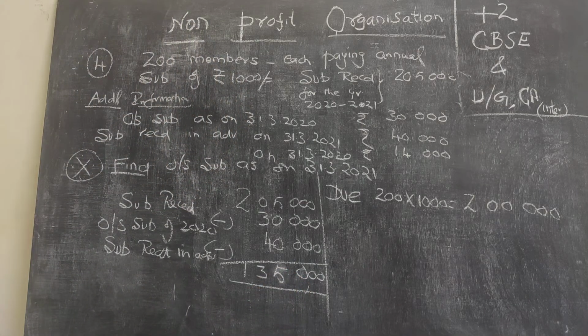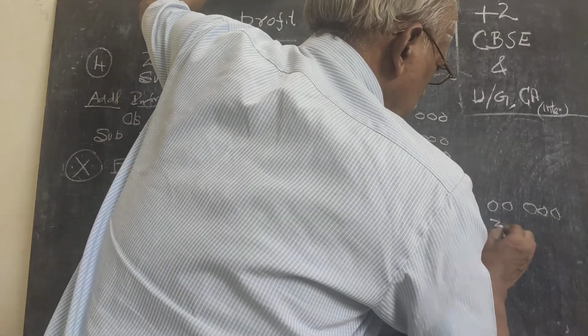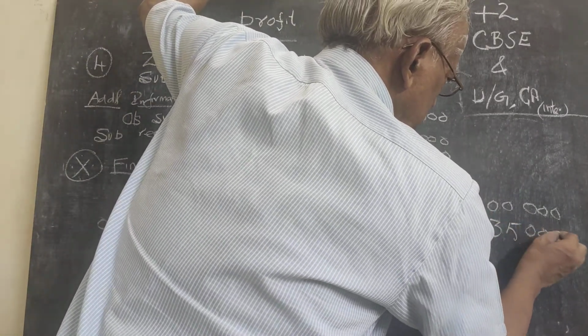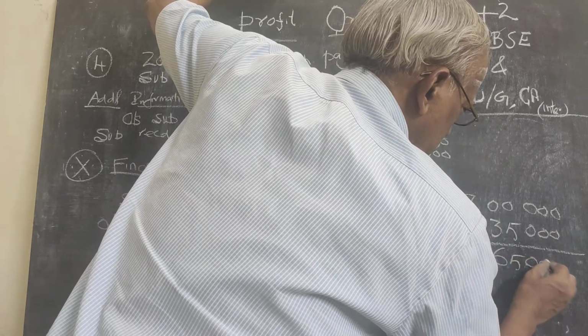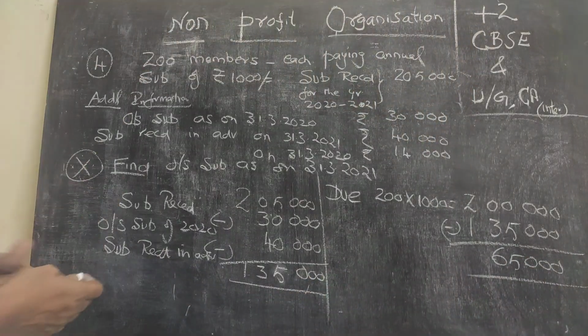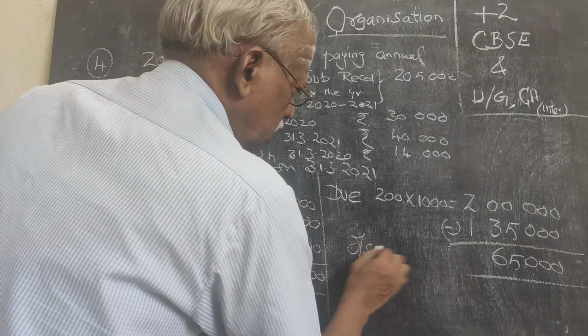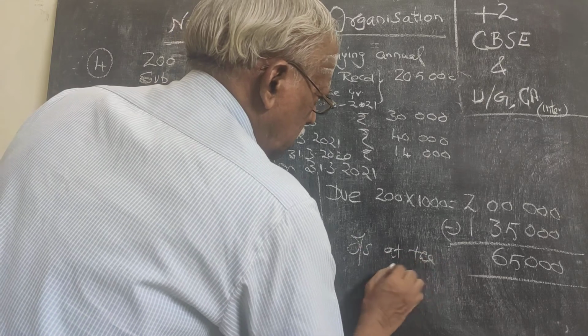So 1,35,000 only we have collected during this year, the amount due and received for this year. Then what is the amount outstanding? The amount due is 2 lakhs, received is 1,35,000. So the balance, 65,000, is the amount due, otherwise outstanding, at the end of this year.